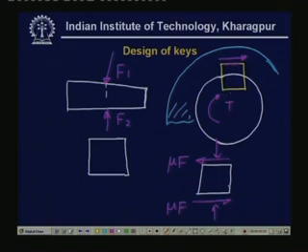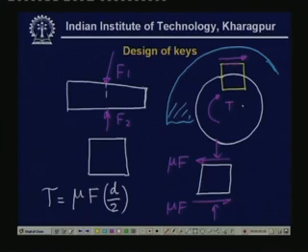Hence the maximum torque that can be transmitted will be equal to mu times F times diameter by 2, that is the radius. So this is the maximum torque that can be transmitted from the taper keys.